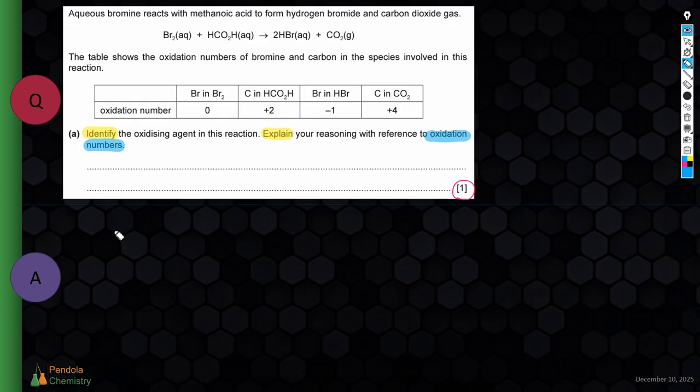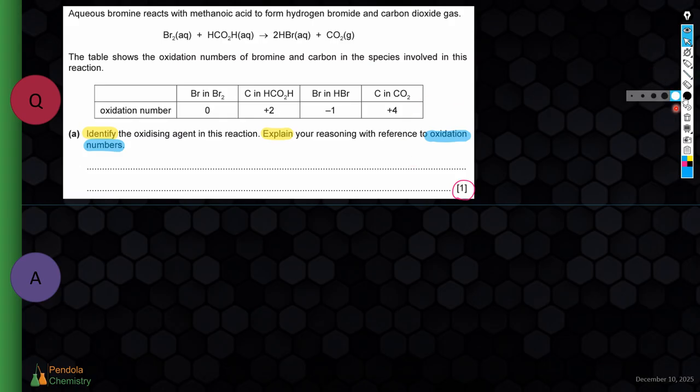Meaning your explanation should include the oxidation numbers they tell you. So if we don't do one of these, if we identify the correct chemicals, but we don't explain why this is the case, we will not get this point.